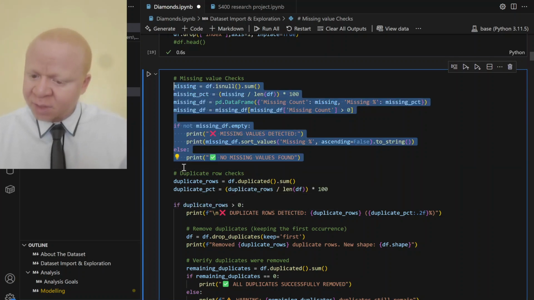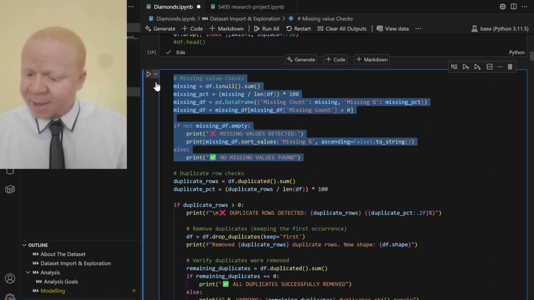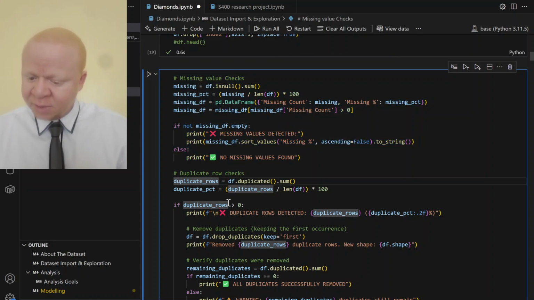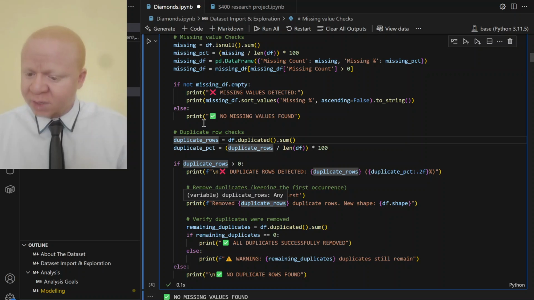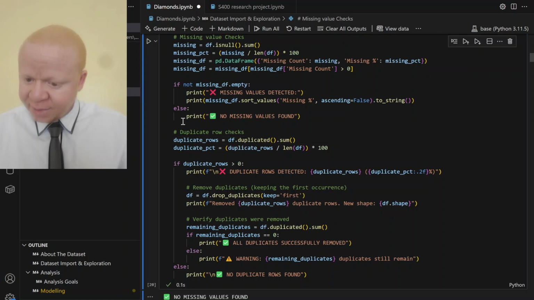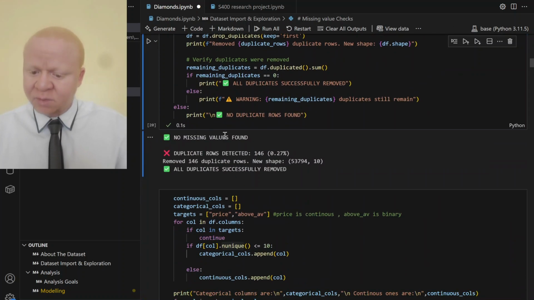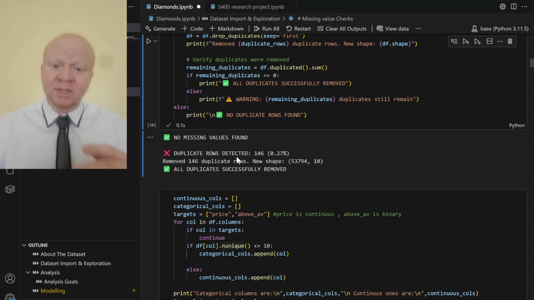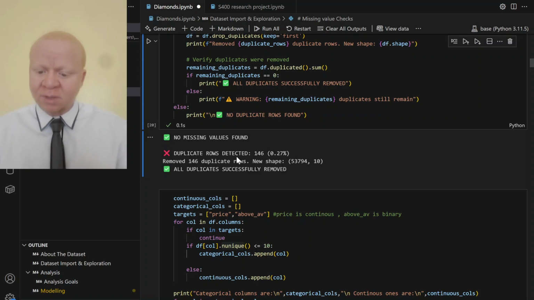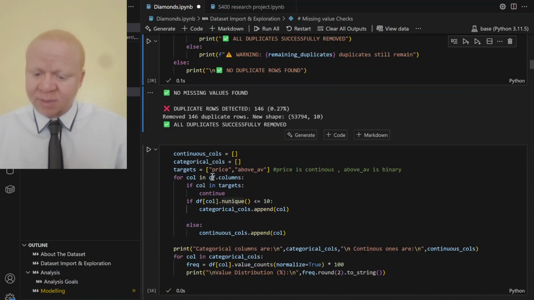From up here, I check for missing values per rows and per column, as well as later on I check for duplicate rows. So in case there are any duplicate rows in this data, we check for those as well. And when you run the code, you find that there are no missing values, luckily, and there were some duplicate rows that were detected. There were 146 of them, and they were dealt with.